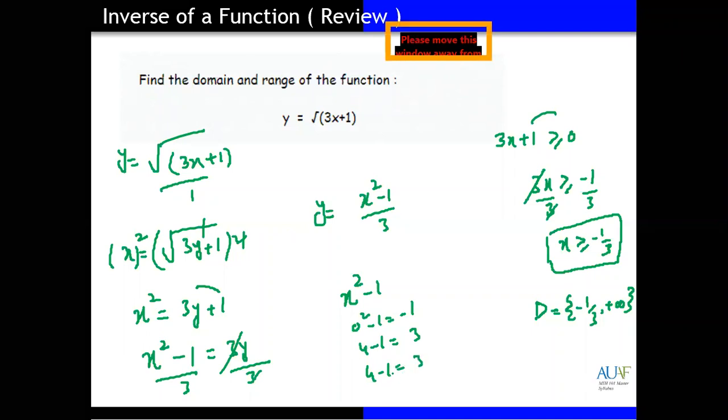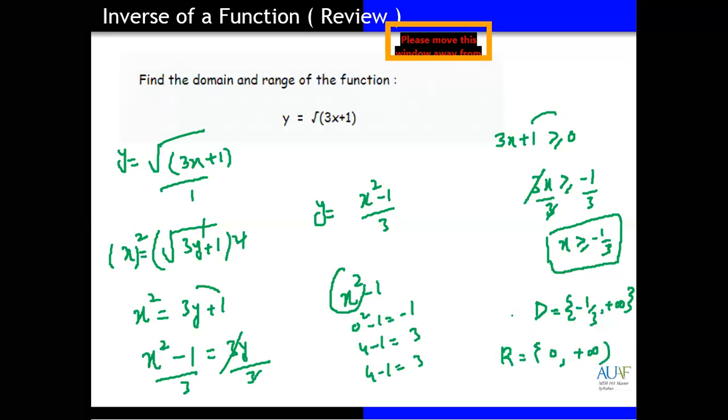So this function can have only positive values because we have a square, and if you give x a plus value or minus value, the result will be plus. So you can say that the range of this function is from 0 to plus infinity. Why from 0?